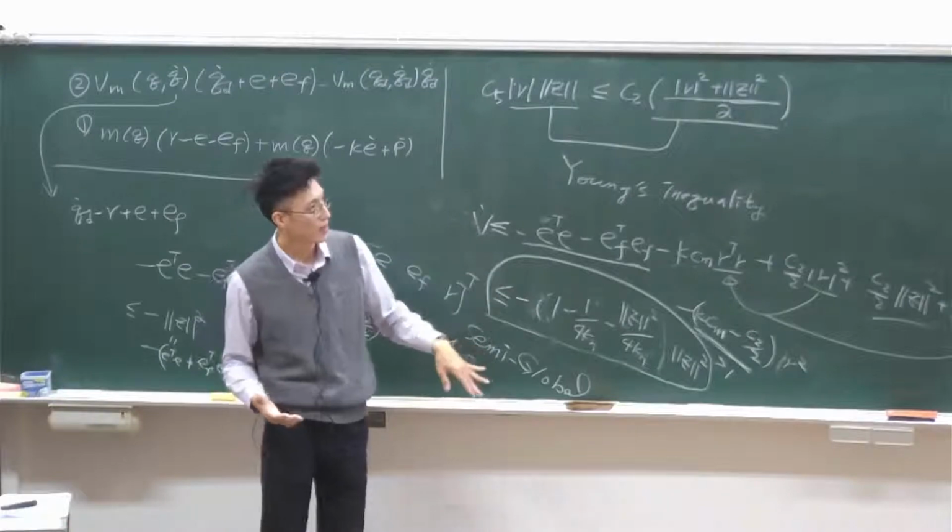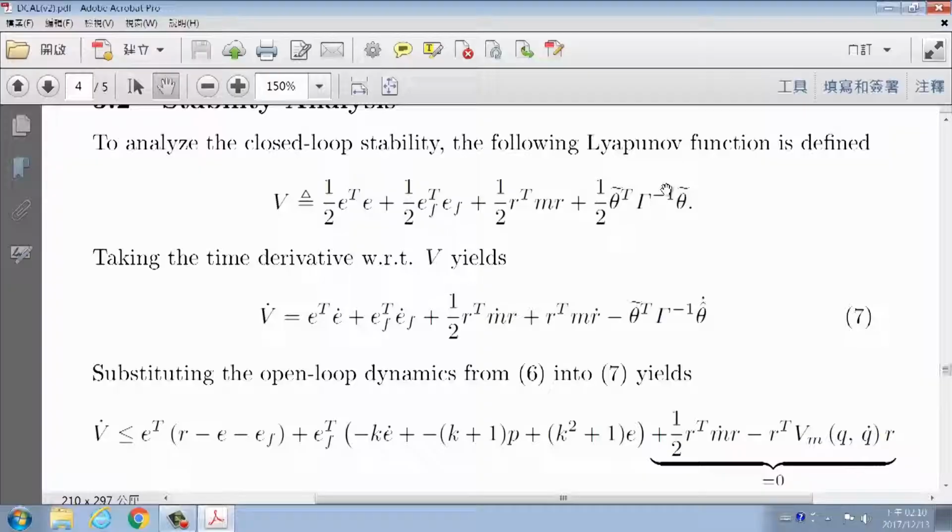For negative semi-definite, it's hard to say because your V not only contains the Z terms, but also contains another term whose value you don't know at the initial condition, right? Do you understand? Okay.